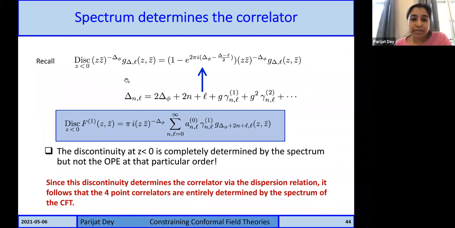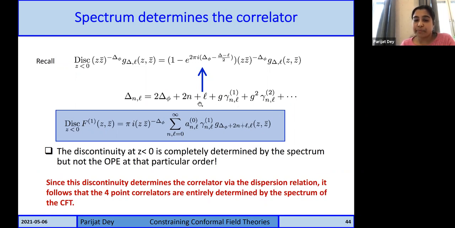So this is the discontinuity of the conformal block, and it depends on this phase factor. This phase factor is very important, and you will see why. It involves the operator dimensions, and we know the operator dimensions like this.